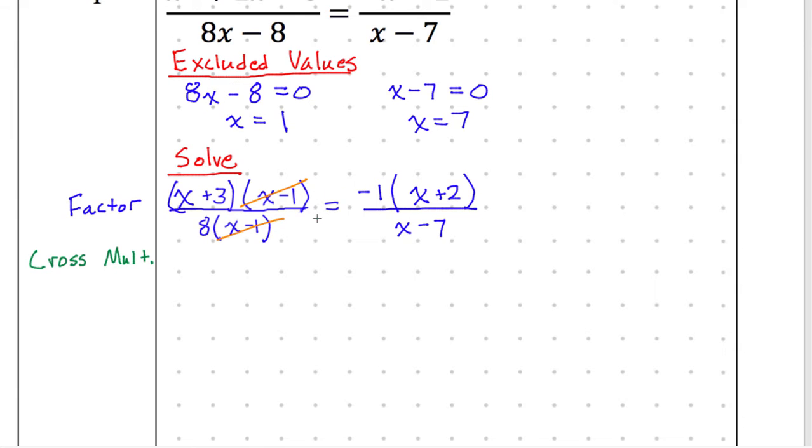Okay, go for it. Going this direction, I do negative 1 times 8 first to get negative 8, and then I distribute that negative 8 into each of these two terms. Minus 16, yeah, good job.